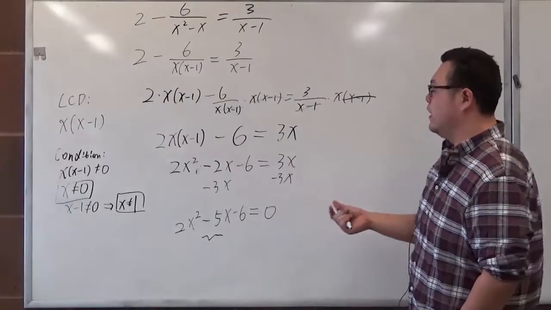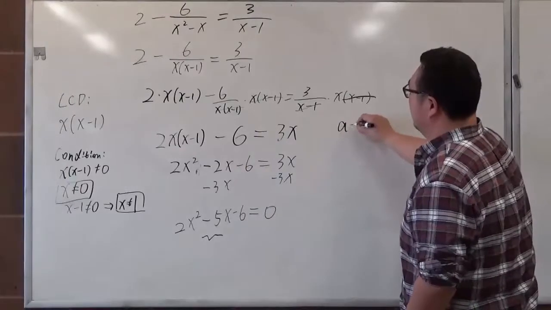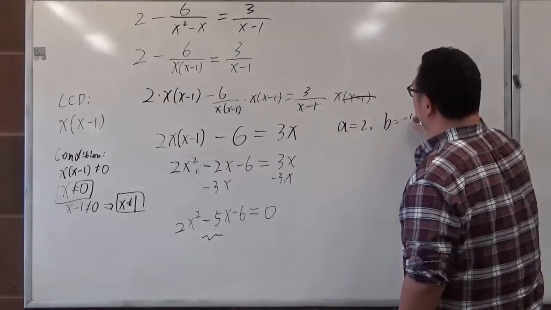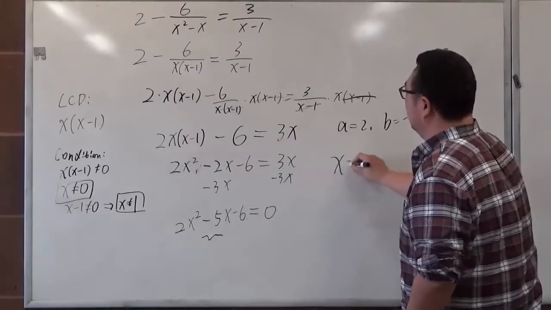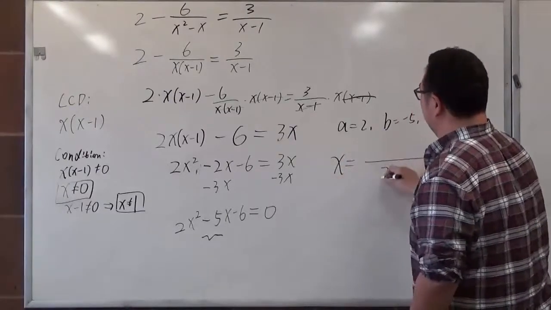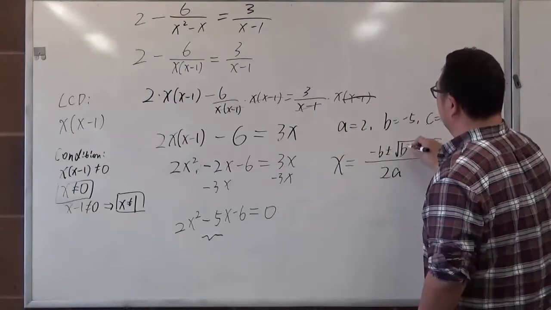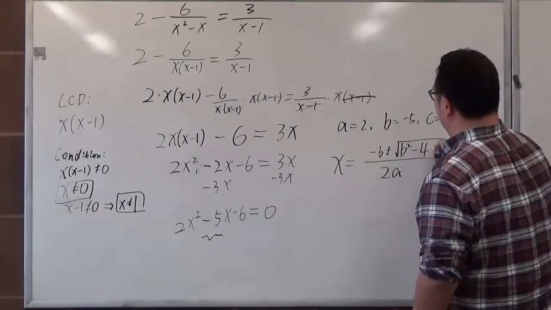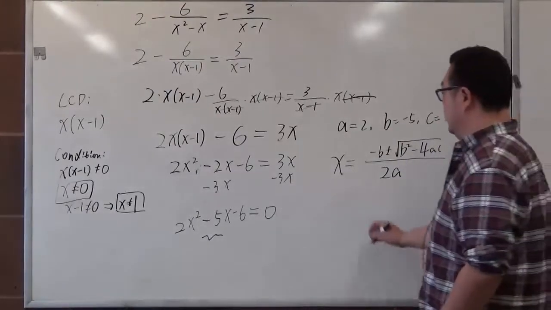To get the answer, a is 2, b is negative 5, c is negative 6. So our solution will be negative b plus or minus the square root of b squared minus 4ac, over 2 times 2.